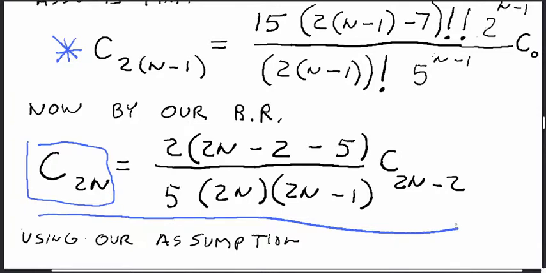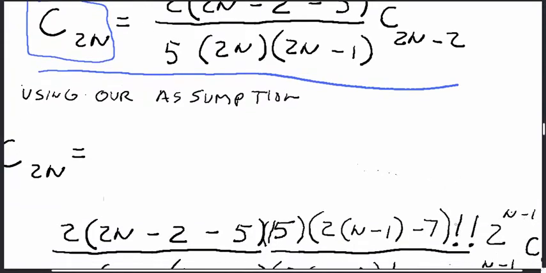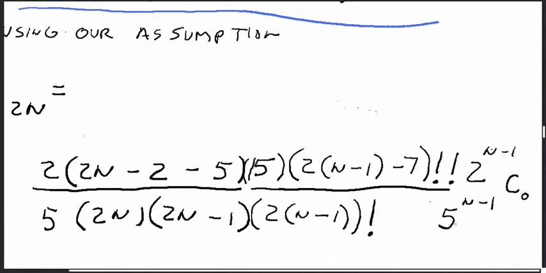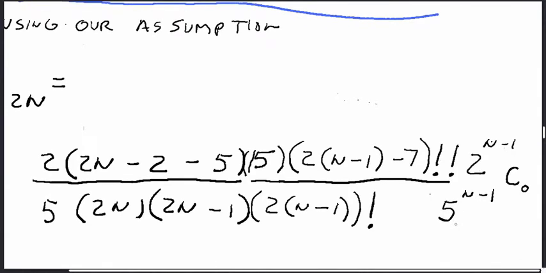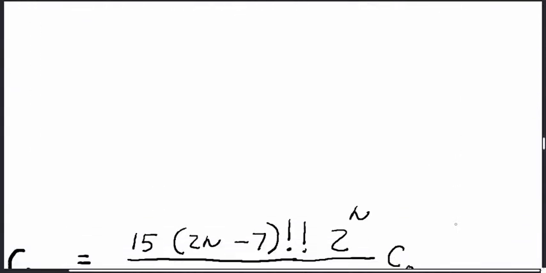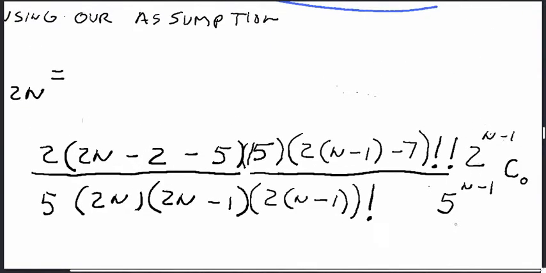Now, using our assumption, notice we can get c sub n is this product, and you can confirm that in fact that's what you get. Now, if you simplify that, you get exactly what we have. Now, let's maybe go through that.